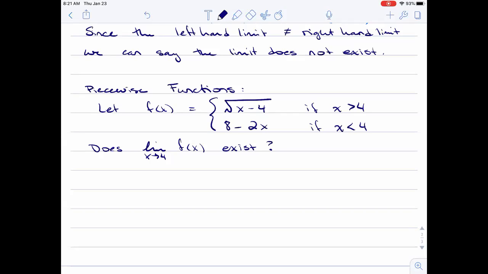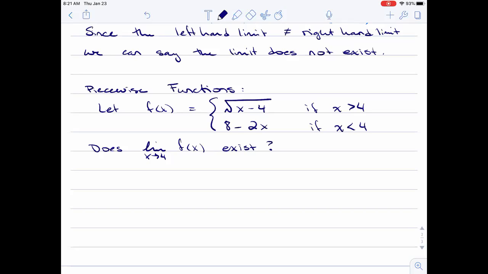That's fine. So here, if x is greater than 4, that's where I'm coming from the right, coming up to 4. And if x is less than 4, that's where I'm coming from the left.